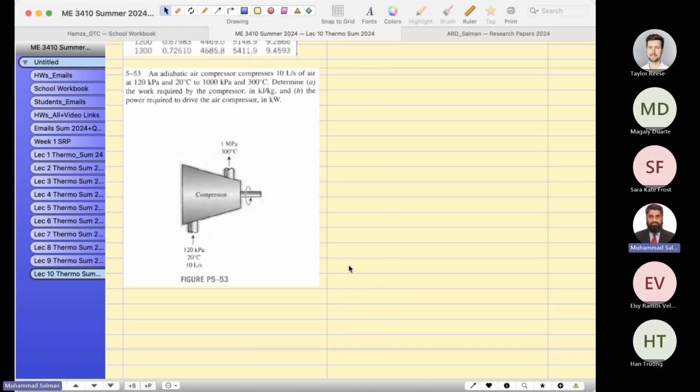An adiabatic air compressor. When I say adiabatic, what is Q for adiabatic? Is it zero or non-zero? Heat transfer. That's good.